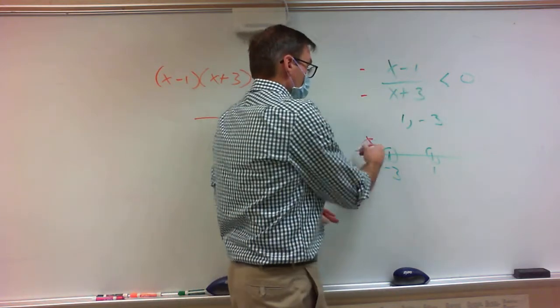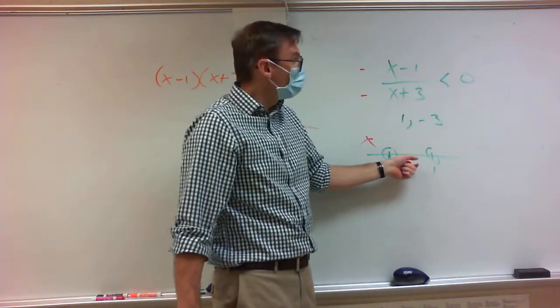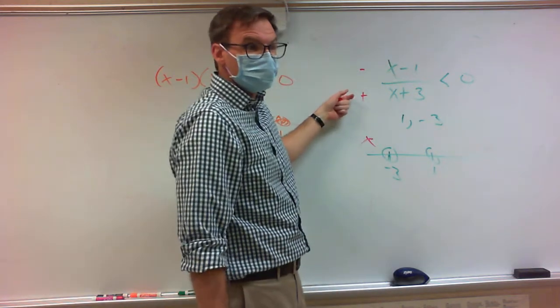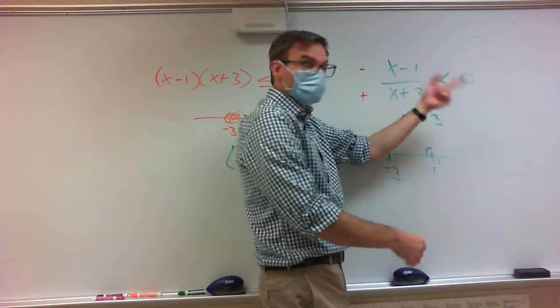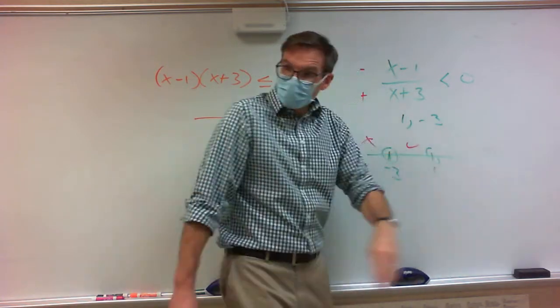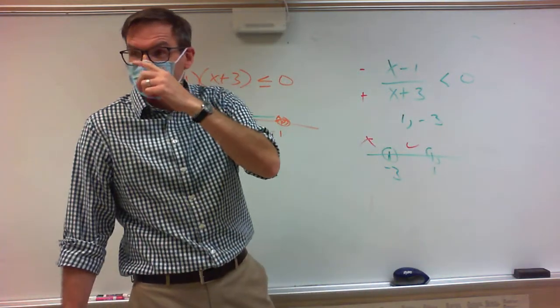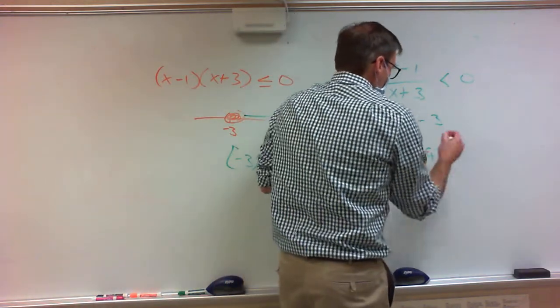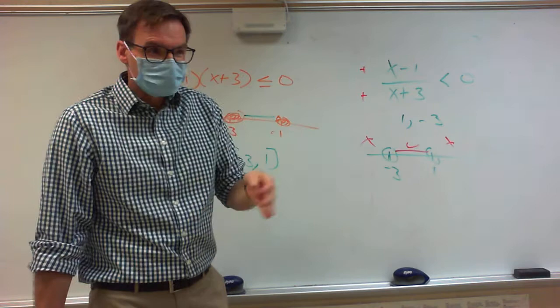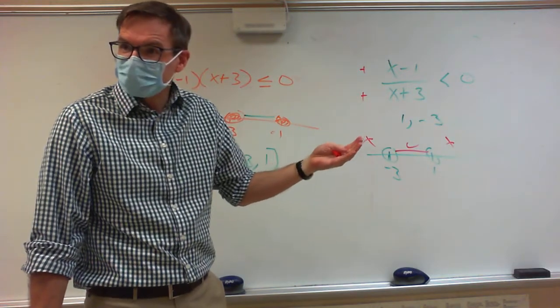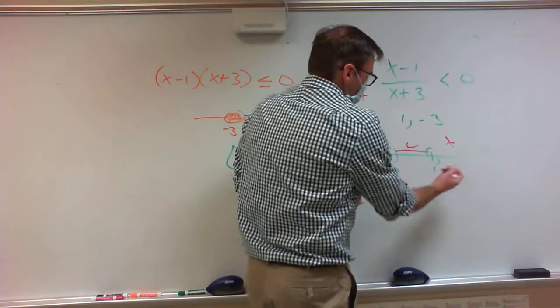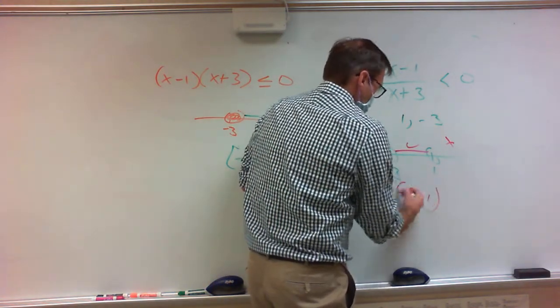No. Plug 0 in. 0 minus 1 is negative. 0 plus 3 is positive. Negative over positive is negative. Is that less than 0? Yeah, that is. Pick a number over here, 1,000. Everybody's positive. It doesn't work, and so we get this range. Do you see how this is similar to the other problems? For the most part, this is similar. So my answer to this is going to be -3 to 1.